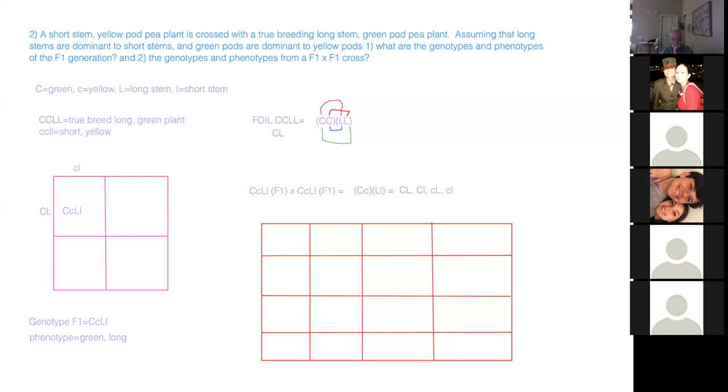So if we look at what is going across the top, we'll say it's that first plant, the first big C, big L, little l. What is the first gamete combination it can provide that we just worked out via FOIL? Big C, big L. Fantastic. What's another one it can provide?